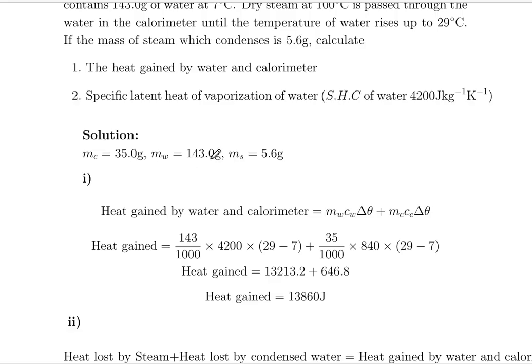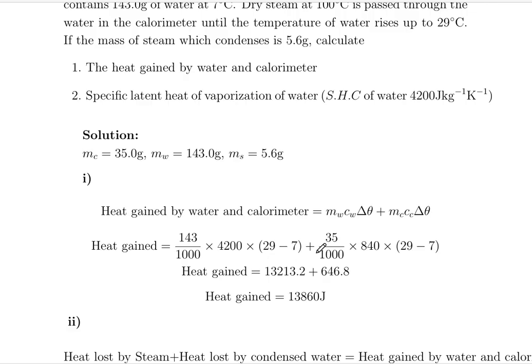To convert to kilograms, you divide by 1000, then multiply by the specific heat capacity of water, which is 4200 joules per kilogram per Kelvin. Then multiply by the temperature difference. The final temperature of the mixture was 29 degrees Celsius and the initial was 7 degrees, so you have that temperature difference.